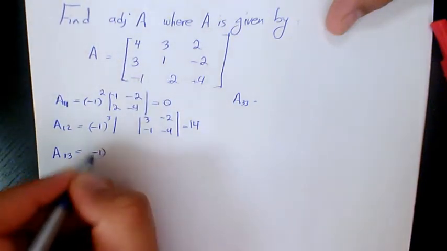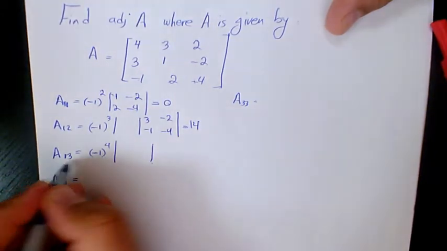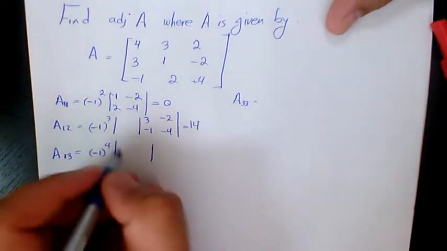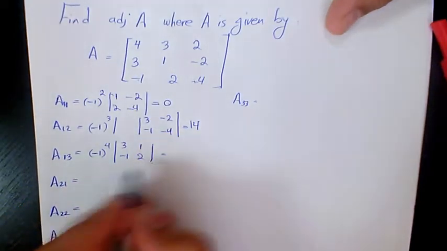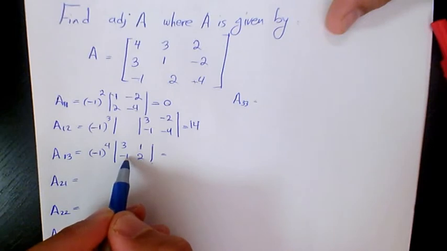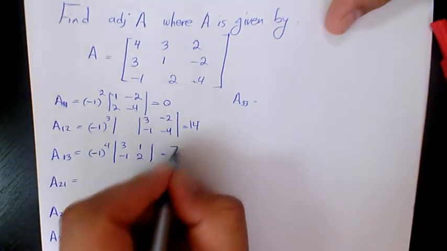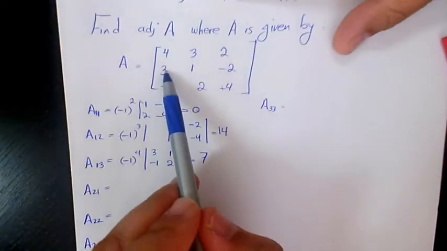So -1 to the power of 4. 3, 1, -1, and 2. So 3 times 2 is 6, plus 1, 7, times 1, 7. Next one, A21. A21 is going to be this.